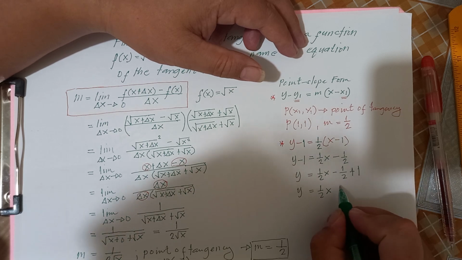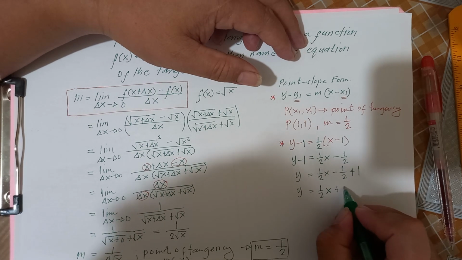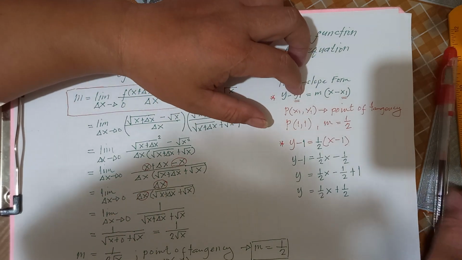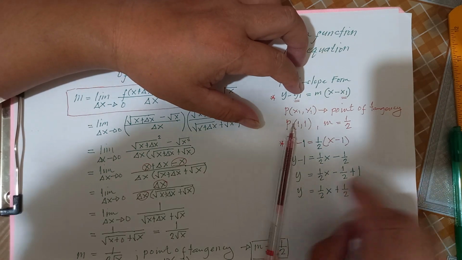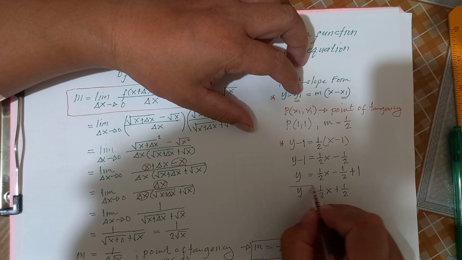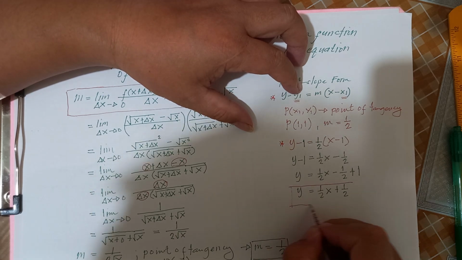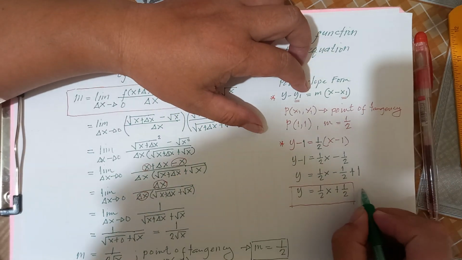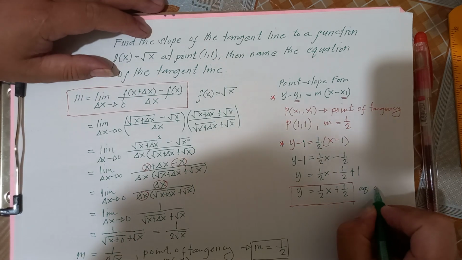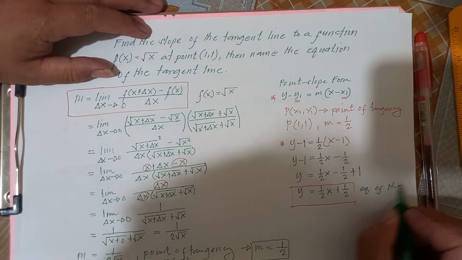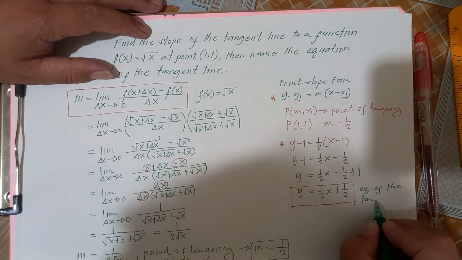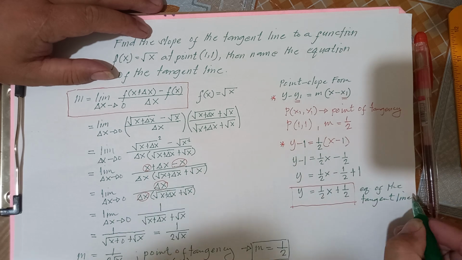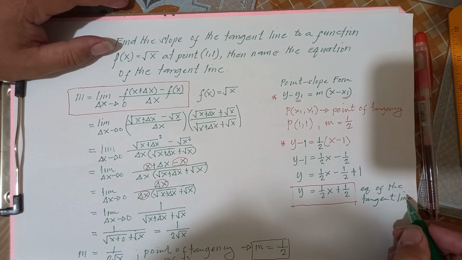It will give you 1/2 x plus 1/2. So meaning to say, this is already the equation of the tangent line.